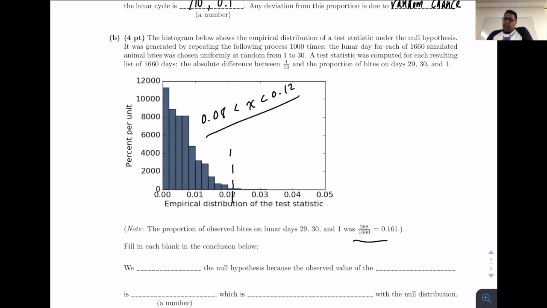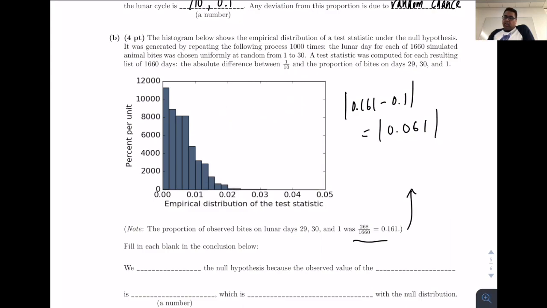But then if we calculate the absolute difference between 1/10 and the test statistic, we'd have 0.161 minus 0.1, which would be 0.061. If you look on this graph here, that kind of value is nowhere to be found.